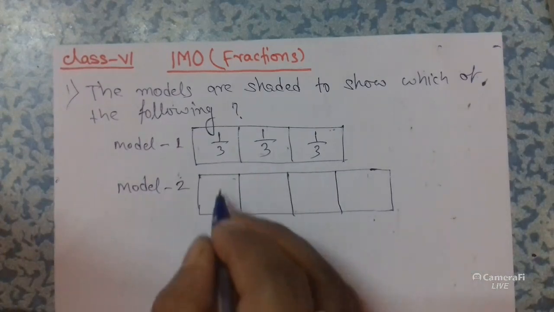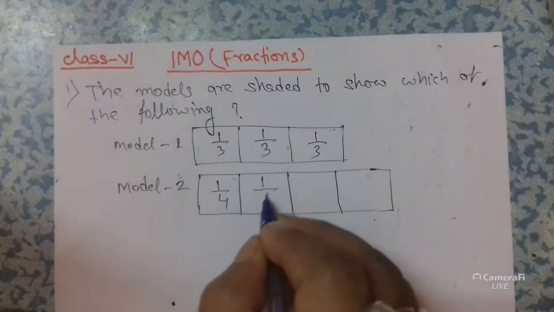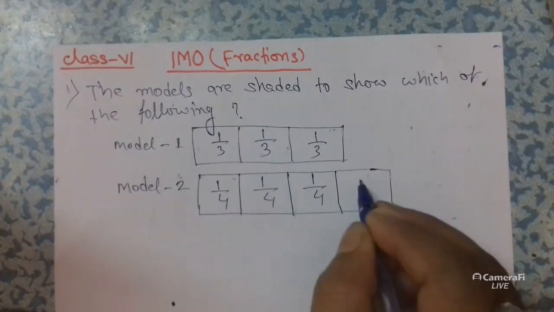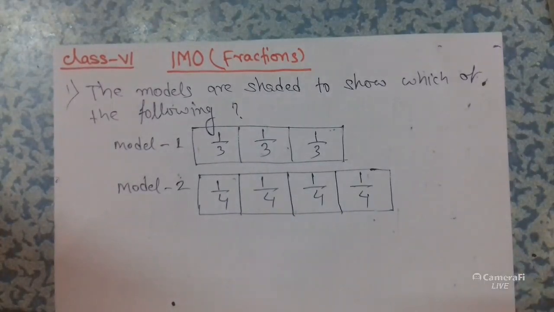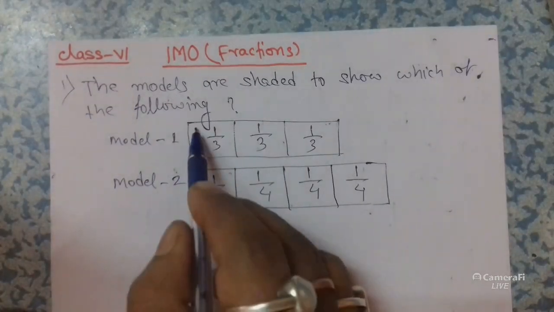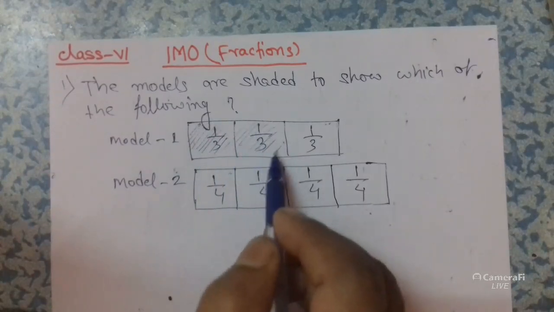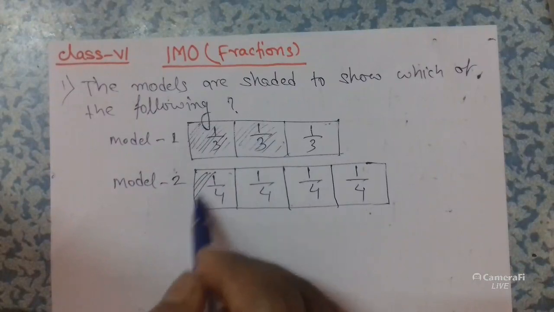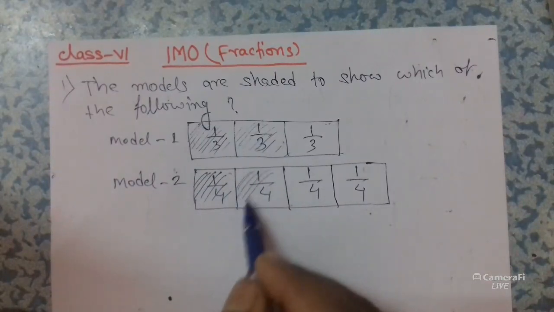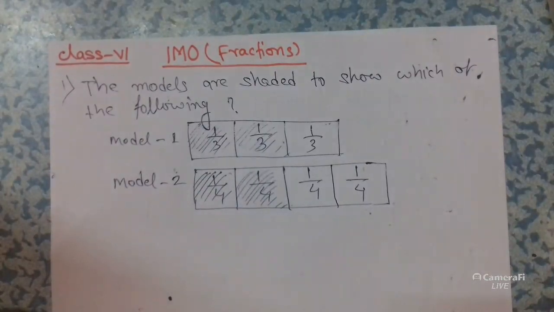And these are 1 by 4, 1 by 4, 1 by 4 and 1 by 4. Now these two boxes are shaded, and here also two boxes are shaded.